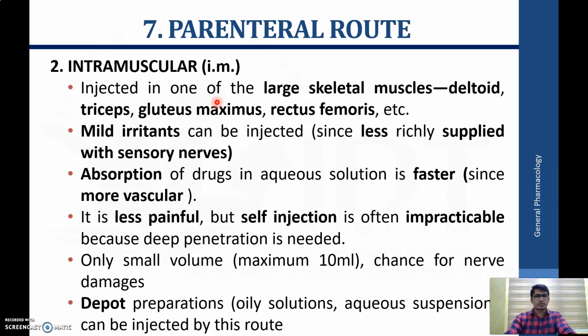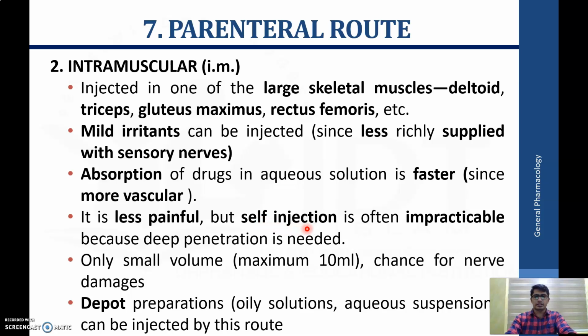Now coming to the intramuscular injection, this injection is given into large skeletal muscles like deltoid, triceps, gluteus maximus and rectus femoris. Mild irritant drugs can be administered because this area is less richly supplied with sensory nerves, and absorption is faster when compared with subcutaneous because it is more vascular, and it is less painful.